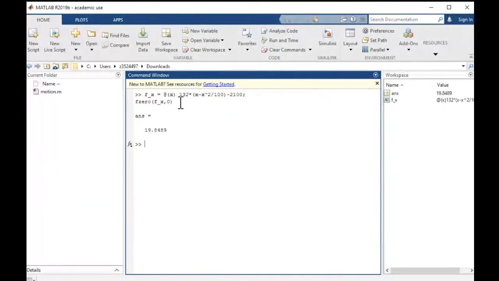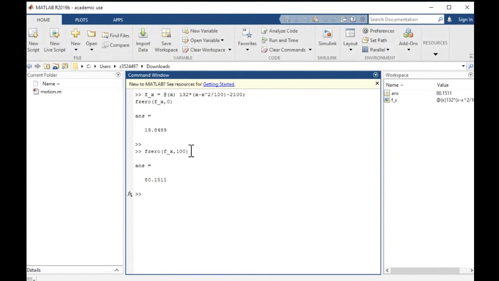So one speed would be equal to 19.85 kilometer per hour. And if I change the initial answer to find the other root of the equation, for example, if I give the initial answer as 100, it will find the other root, which is equal to 80.15 kilometer per hour.